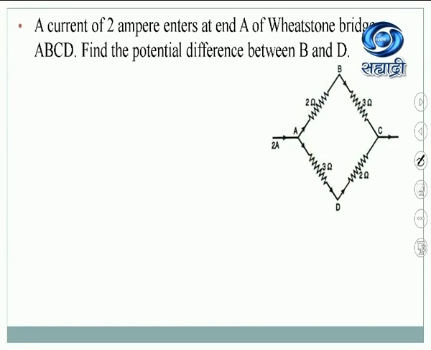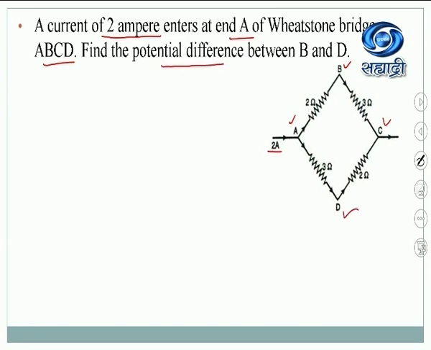See, a current of 2 ampere enters at end A of a Wheatstone bridge A, B, C, D. Given here A, B, C and D. A bridge is formed.